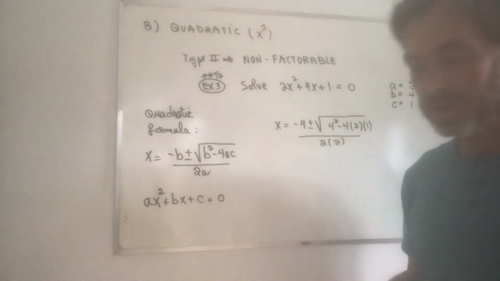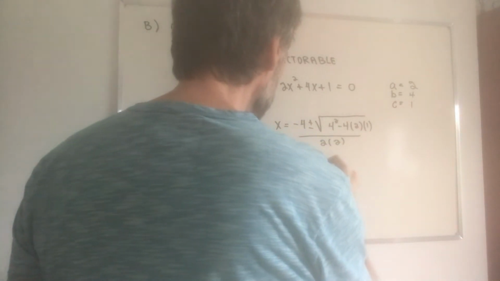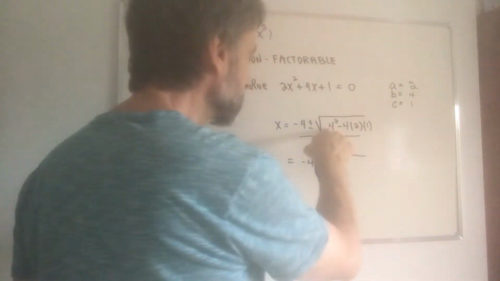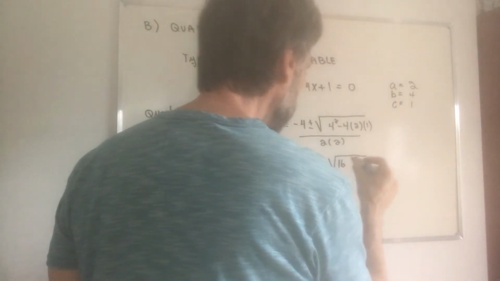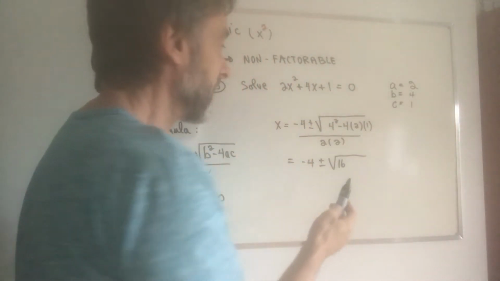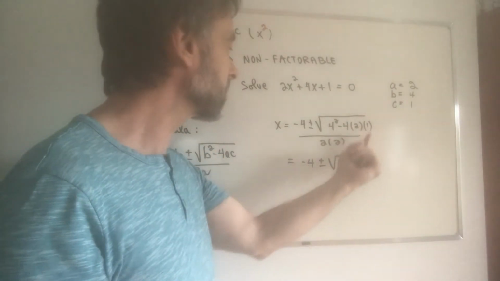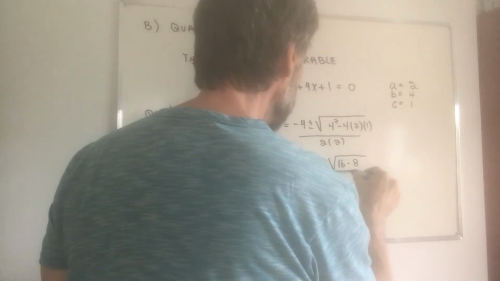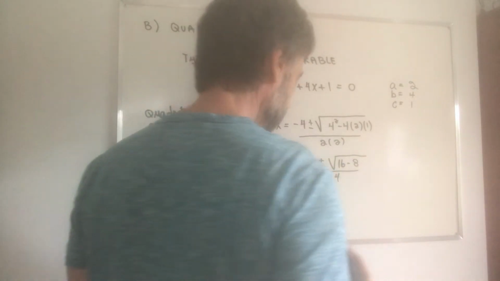So you plug these guys in and then carefully you evaluate them. So minus 4 plus or minus, let's do the square first, so 4 squared is 16. Then let's do the multiplications after that. 4 times 2 times 1 is 8. So that's 16 minus 8, all over 4.